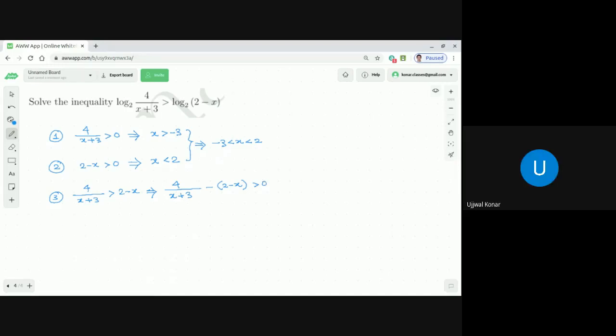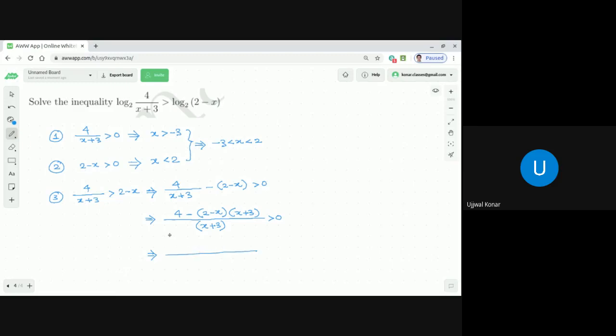So from here we can simplify. x plus 3 is the LCM. Then what we are going to get is 4 minus (2 minus x)(x plus 3), so 4 minus 2x minus 6 plus x squared plus 3x, over x plus 3, greater than 0. This implies we can simplify the numerator.